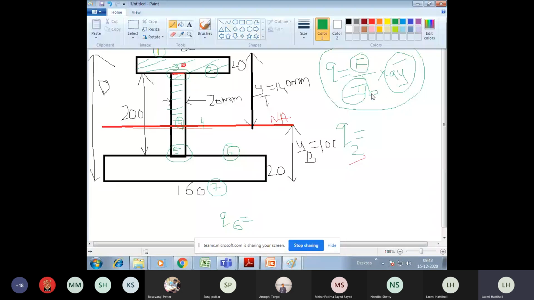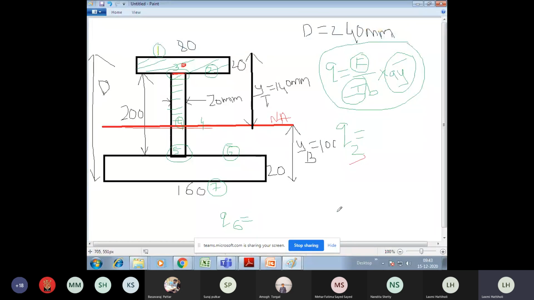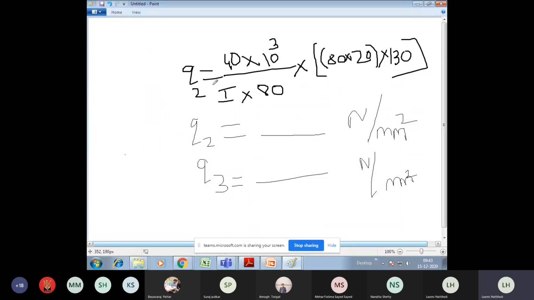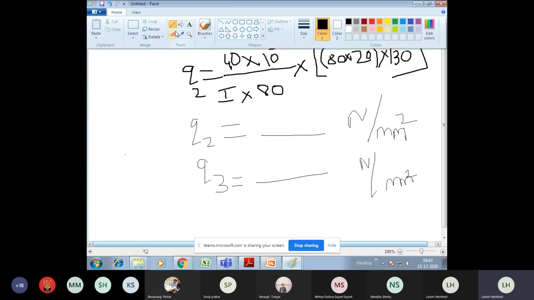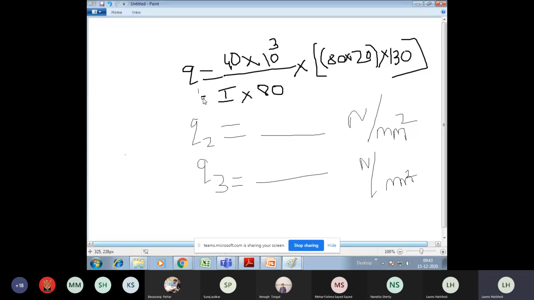So as you said, B should be taken as 20 mm, that is one part. Next comes A into Y bar. Now two times A into Y bar you should consider. Why? Because one is of the top shaded area and one is of the bottom shaded area. Now, please observe this. I'll do the calculation here itself. I'll take this as Q4. I'll make the correction here itself.